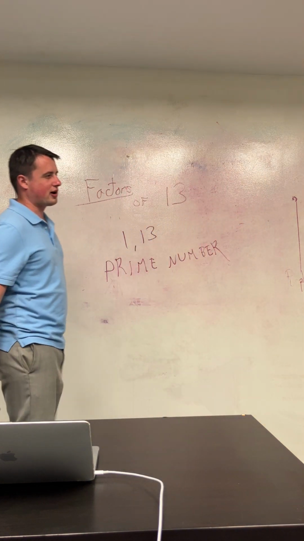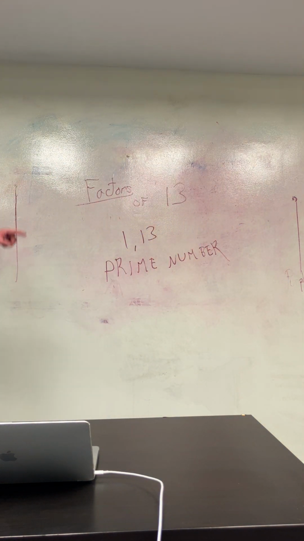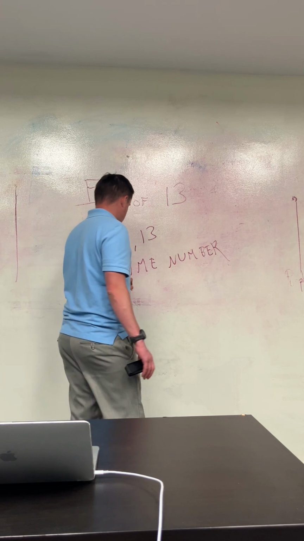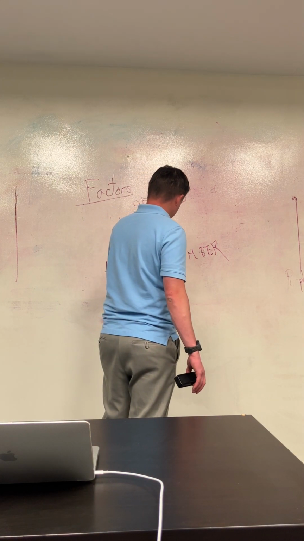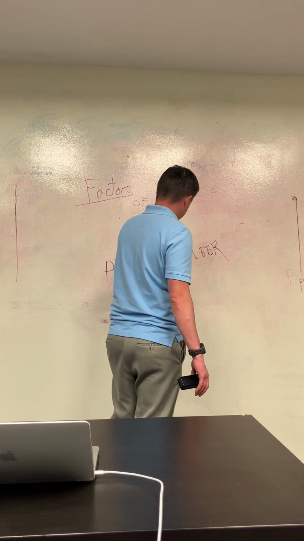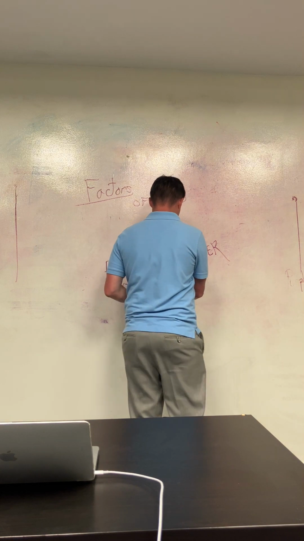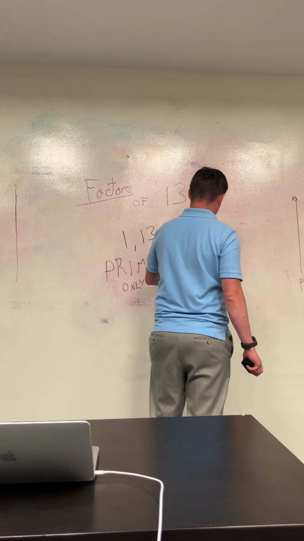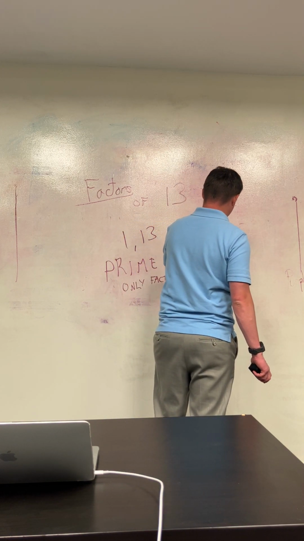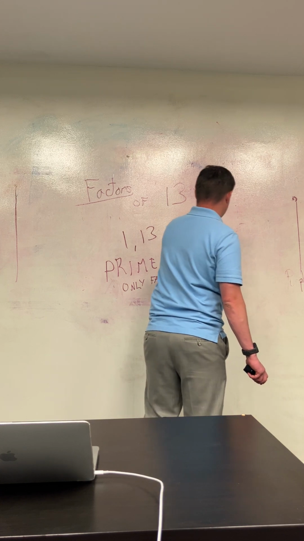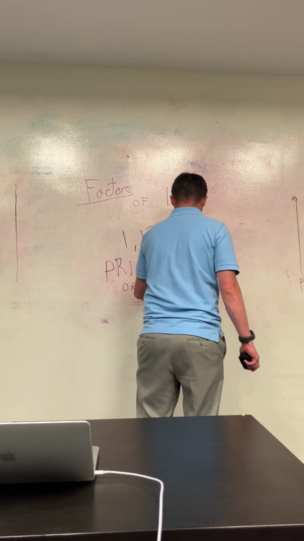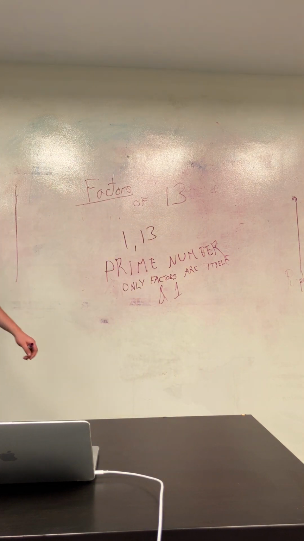If you can find a prime number with like a million places, there's some big prize, and really smart computers are trying to figure them out. A prime number's only factors are itself and 1.